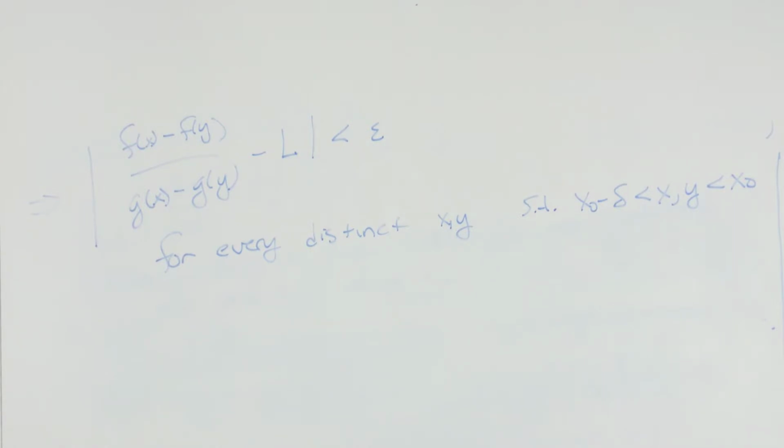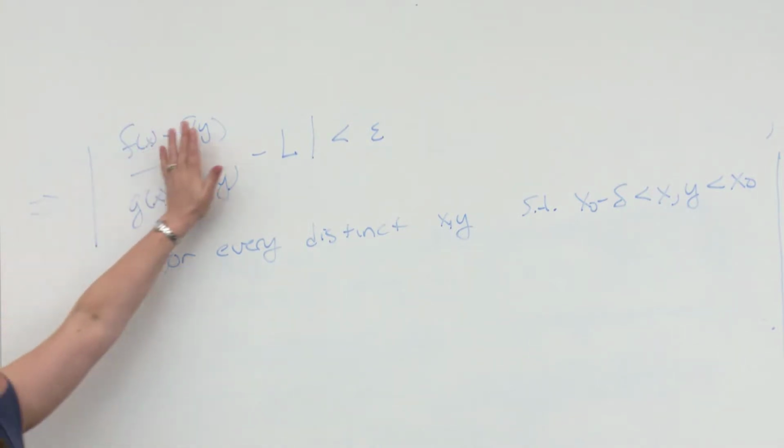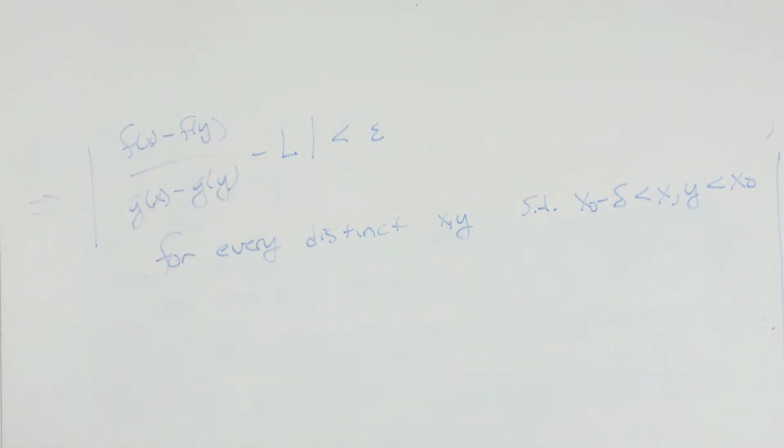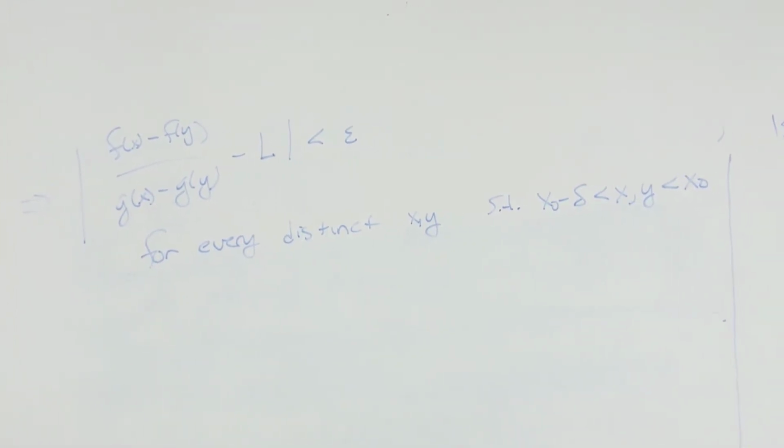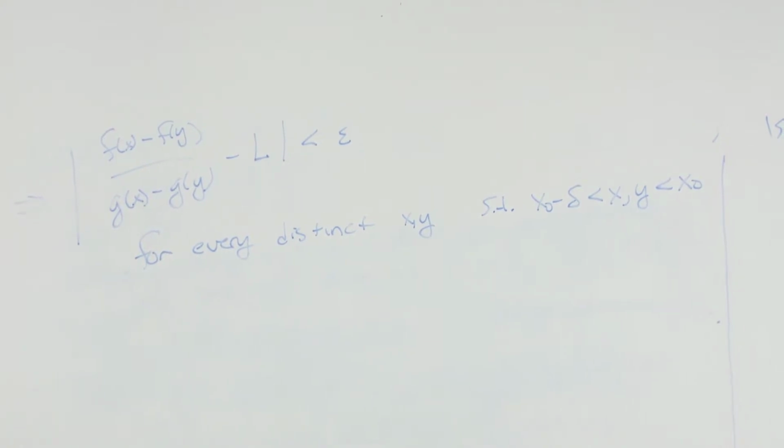So this is getting close to what we want. What I'd really like is just to have f over g and not have this extra little bit subtracted off. Can I get there? How can I get there? So let's go back to our theorem again. What else do I know? As we go to x naught from the left, the values of f and g vanish.